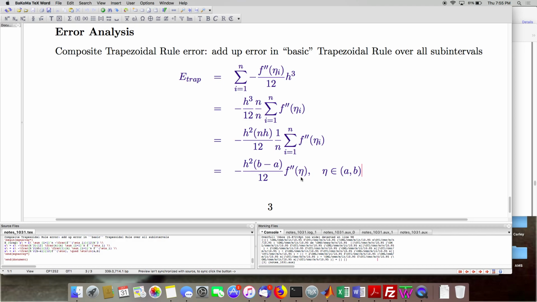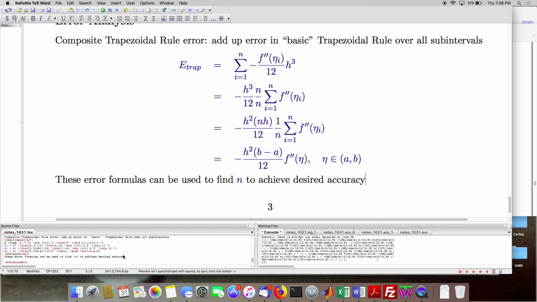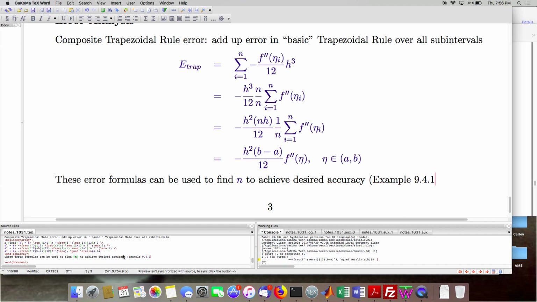Now, the last comment I want to make is these error formulas can be used to find n to achieve desired accuracy. This is example 9.4.1. So what's done in that example, I'll just give a quick rundown. If I take this expression, or at least its absolute value, and I say I want that less than some tolerance, like 10 to the minus 3, I have b minus a, 12, and h.